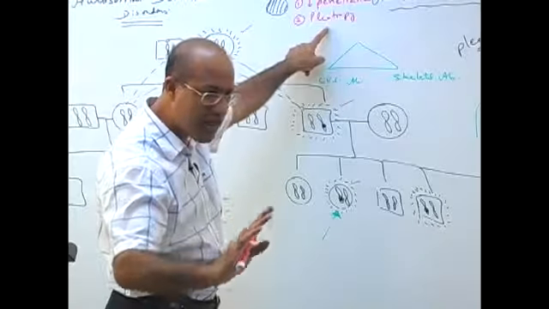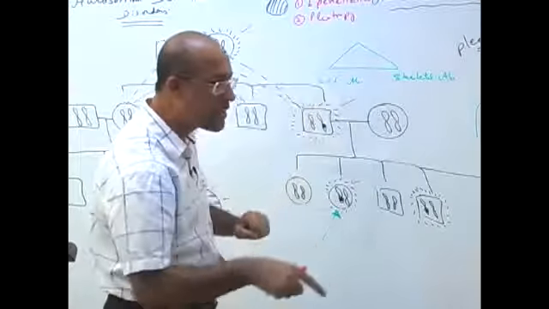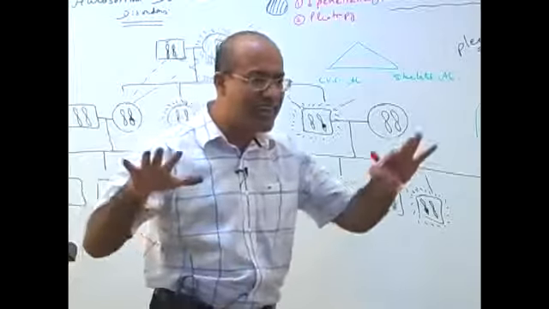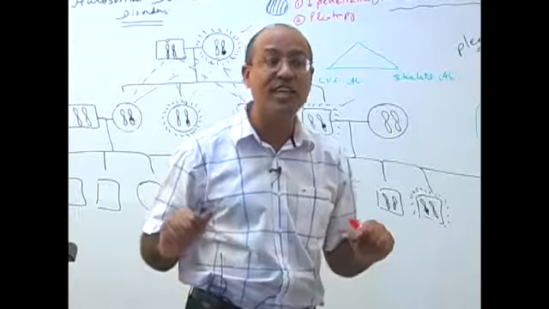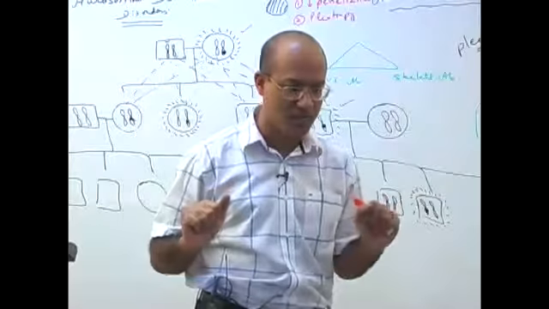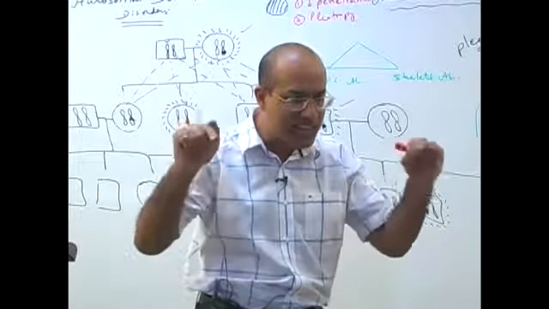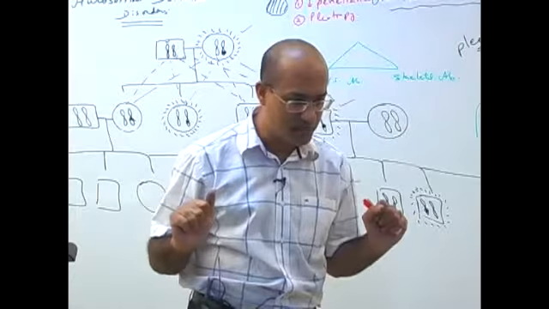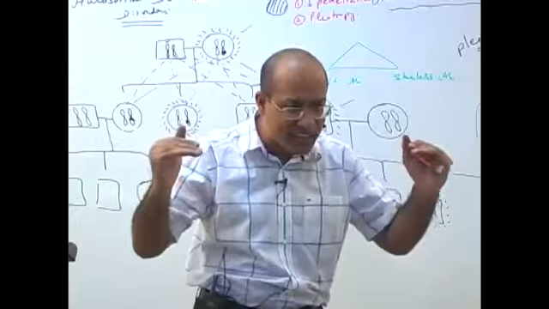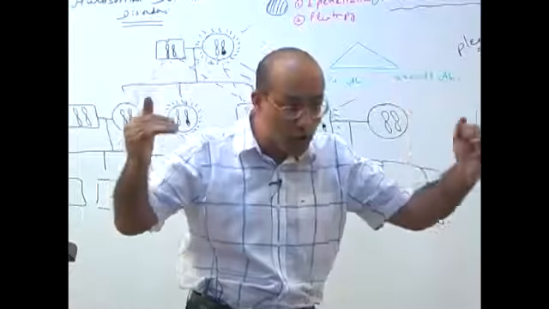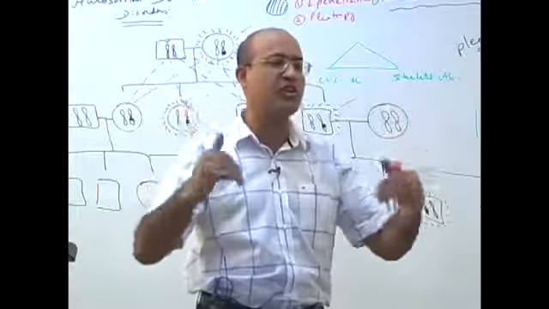Is that right? Now I'm talking about another concept. What is the other concept? If you have 10 patients with Marfan syndrome, all of those 10 patients have that specific genetic lesion, but all of them do not have the same severity, same age of onset, and same manifestation of Marfan.